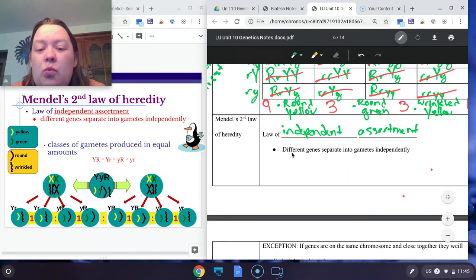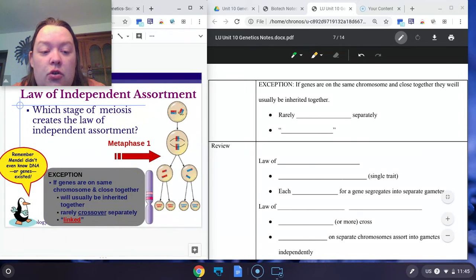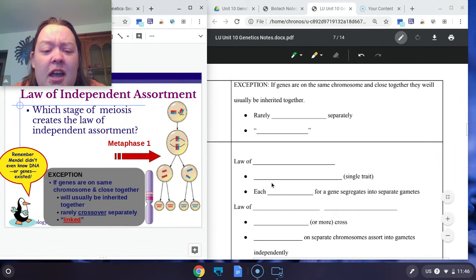Now, there is only one small exception to that. And that happens if 2 genes are on the same chromosome and they're really, really close to one another. So if we look over here, these 2 genes are inherited on the same chromosome right beside each other. Sometimes, if they are so close, crossing over won't happen.